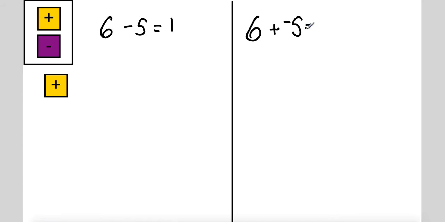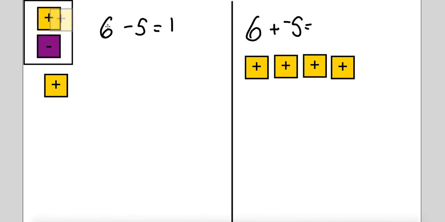Now, we're going to have a very similar solution, but kind of a different process with the integer chips. We're still going to have 6 of these yellow integer chips. And instead of taking away 5, we're just going to cancel out 5 of these yellows by putting 5 negatives.